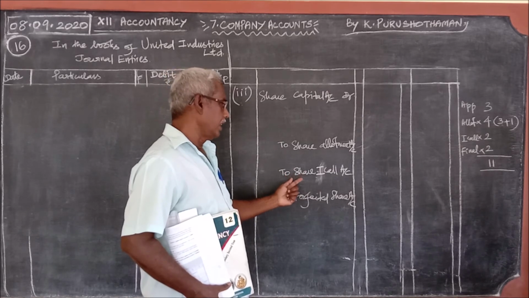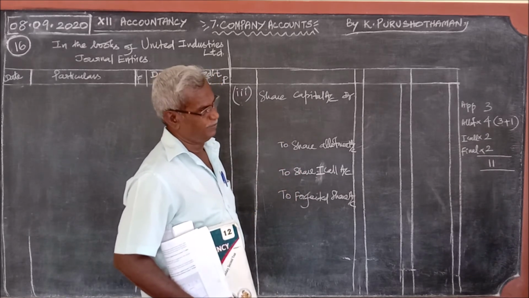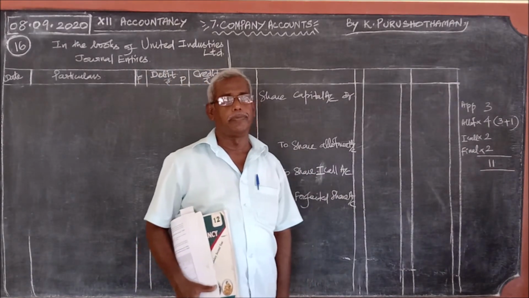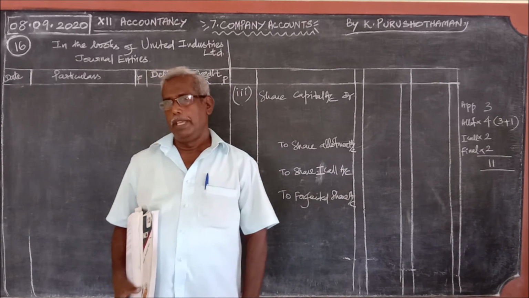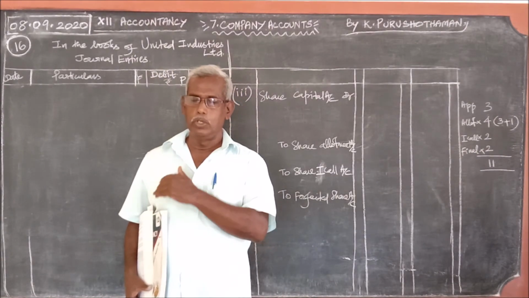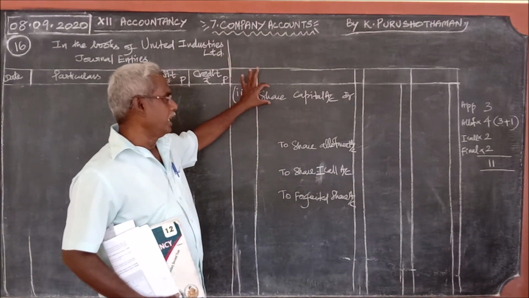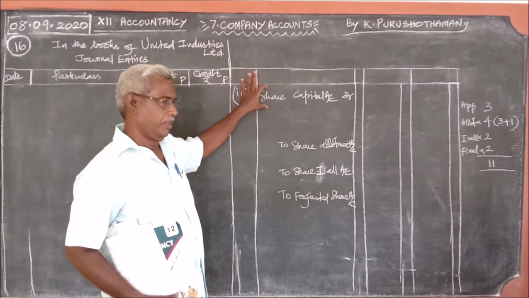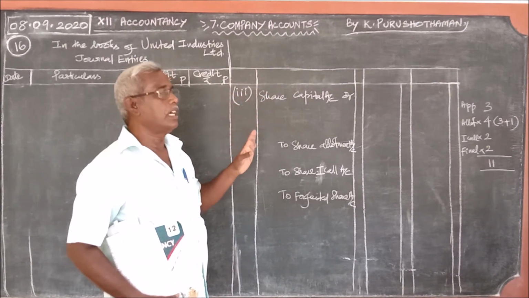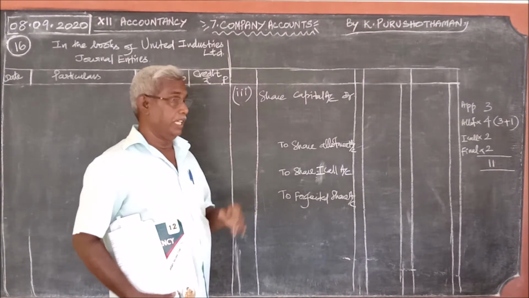After seeing that, the shares were forfeited. This is the first thing. I said in the previous problem itself, if the payment is not made for first call and the final call, no problem. You can write only the share capital account here. But if the allotment money is also not paid, you must be very careful.